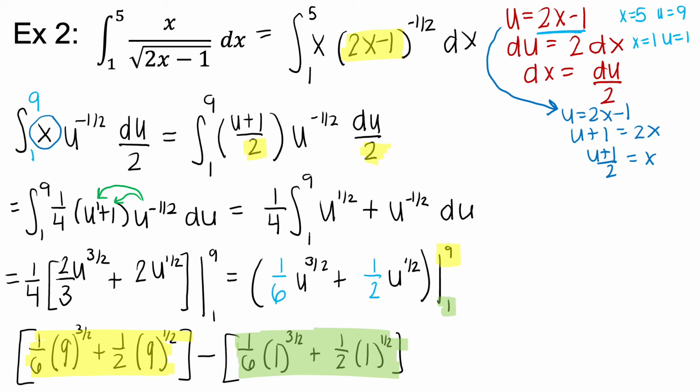Now we have a bit of simplifying to do. 9 to the 3/2 would be the square root of 9 is 3, cubed is 27 over 6, plus 3/2, and that again is just from my upper limit, minus 1/6 plus 1/2, from my lower limit.